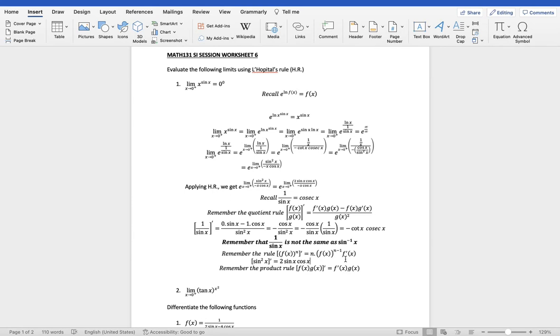Identities are more like general derivatives, like the derivative of sine is cos, the derivative of cos is minus sine, the derivative of ln of x is 1 over x. Those are set identities. Sine squared of x can also be thought of as an identity, but I don't like to call it an identity, just because you can generalize it for anything.